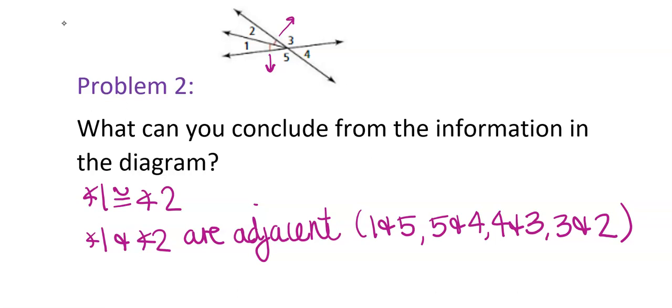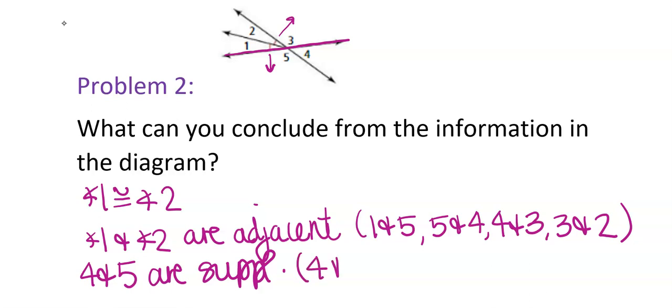4 and 5 are supplementary. The way that we know that is because there's a line that forms at the bottom, and those two form 180 degrees. You could also say 4 and 3 are supplementary as well.